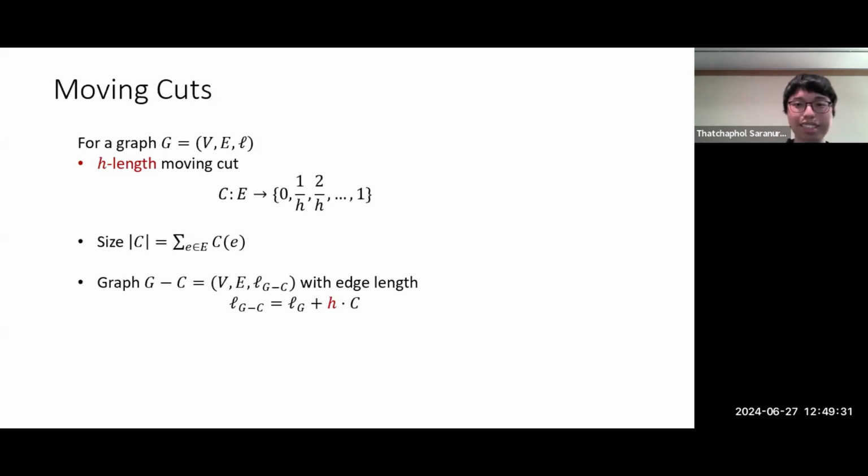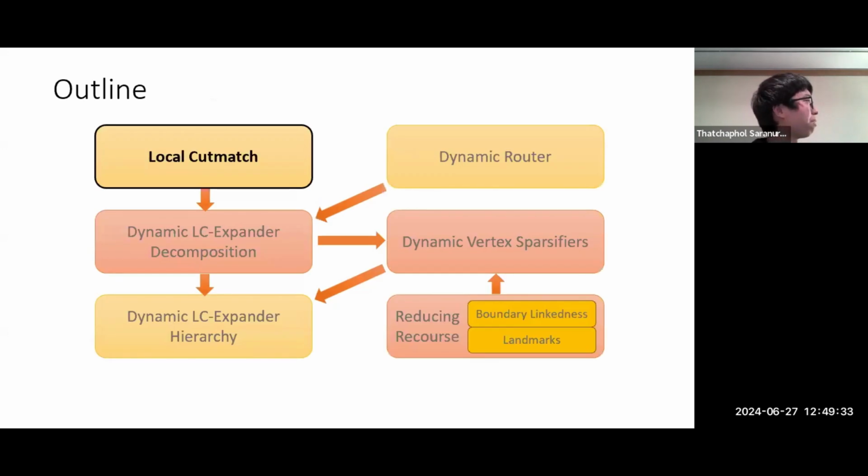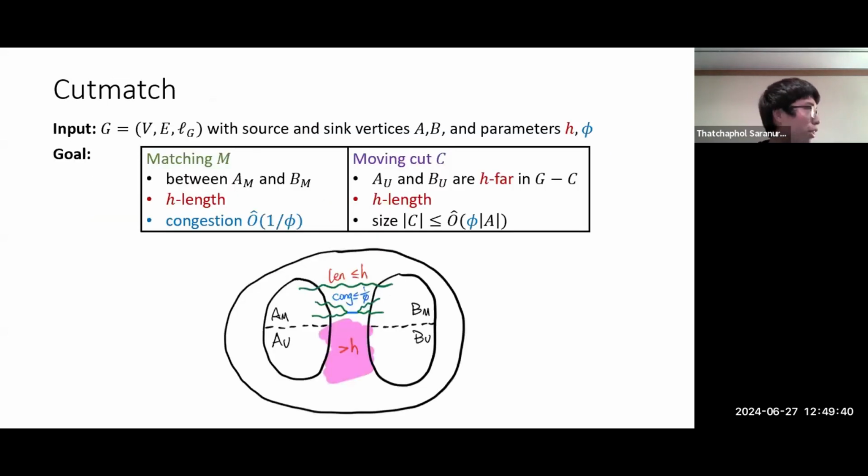Okay, now we are ready to talk about the first tool, local cut match. What is a cut match? Given source vertices and sink vertices A and B, the cut match consists of a matching M and a moving cut C. The matching M will match partially the sources and the sinks, as you can see in this figure, it matched two subsets AM and BM.